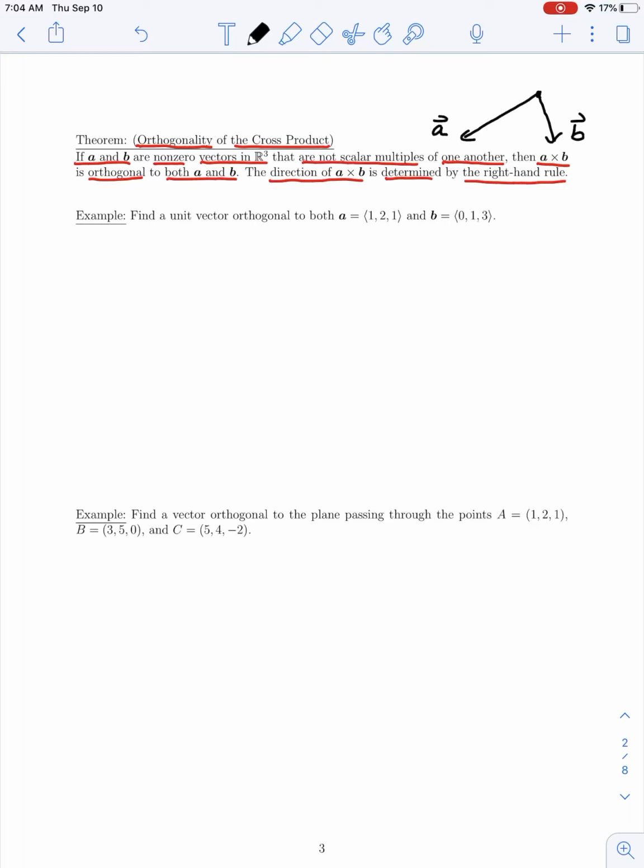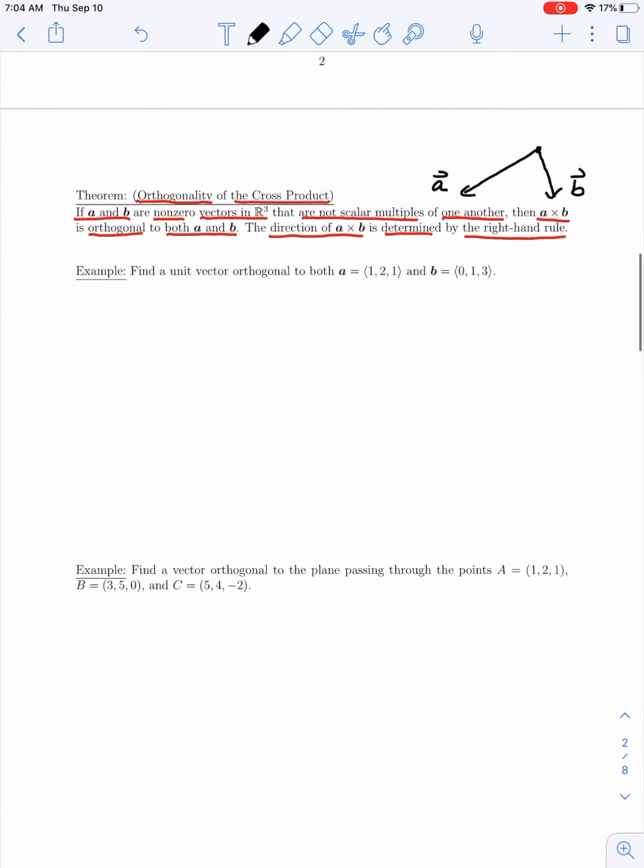This theorem says that the cross product, A cross B, would be the vector which is orthogonal to both A and B. That is, it intersects A and B in a right angle, or the vector A is orthogonal to A cross B, and the vector B is also orthogonal to A cross B.